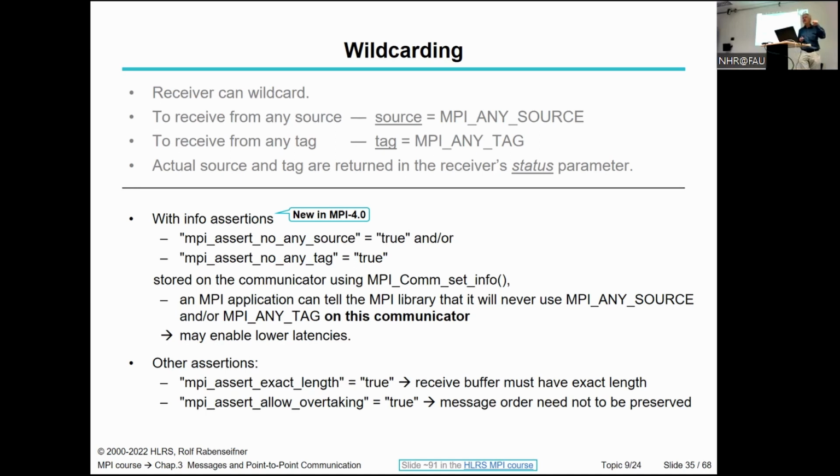And then you store this info handle for this communicator, and then it's forbidden for you to use any source or any tag on this communicator. With that information, the MPI library is able to use a faster communication protocol, because any tag and any source have some drawbacks in the optimization of point-to-point communication.